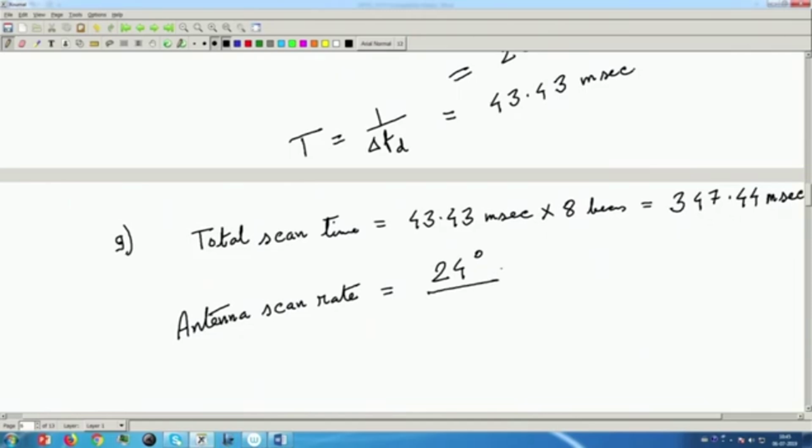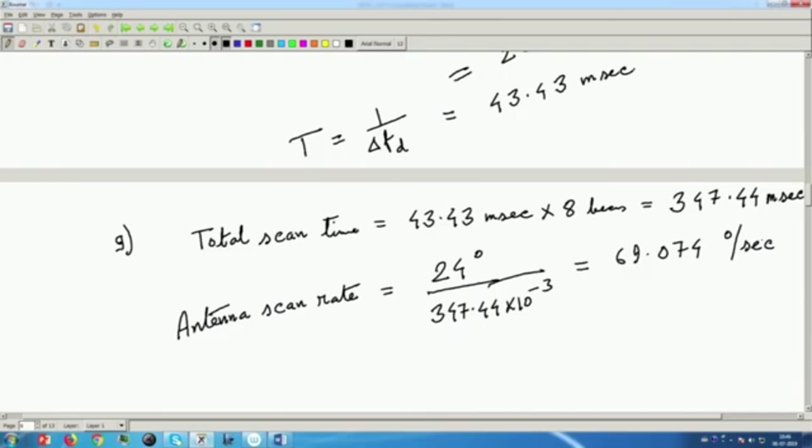So, I can say 24 degree by 347.44 into 10 to the power minus 3 seconds. That will be 69.074 degree per second, but generally antennas are given in revolutions per minute.